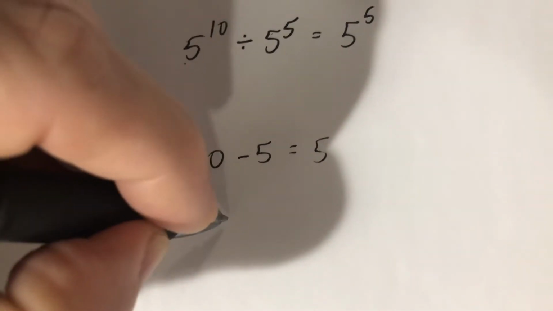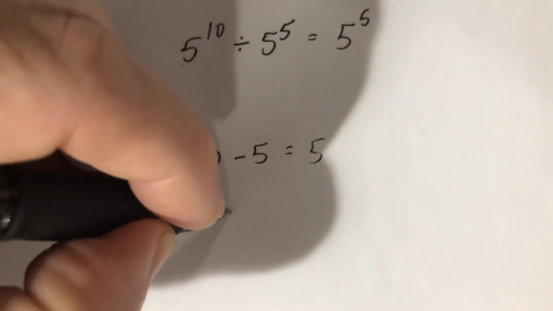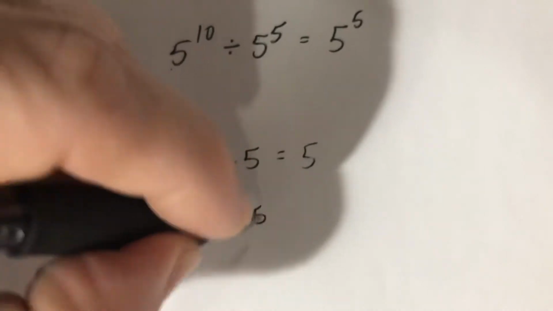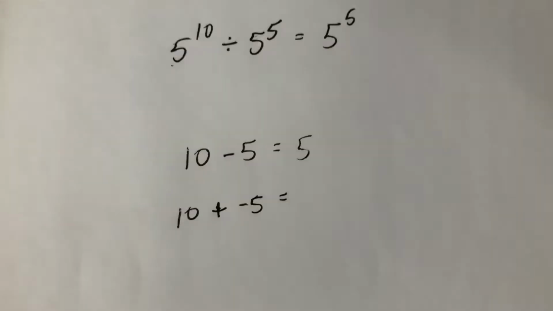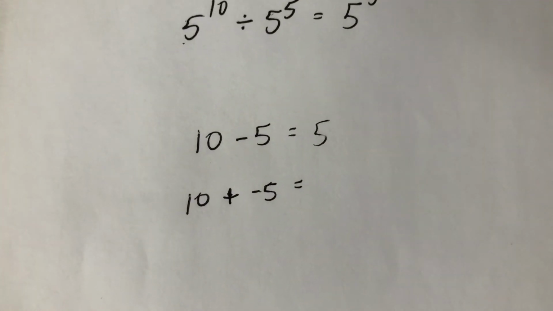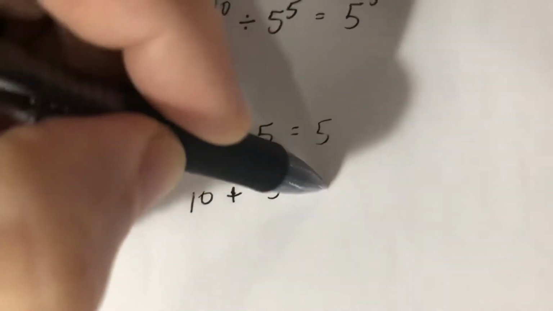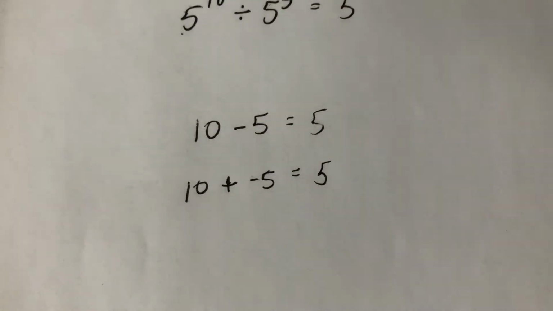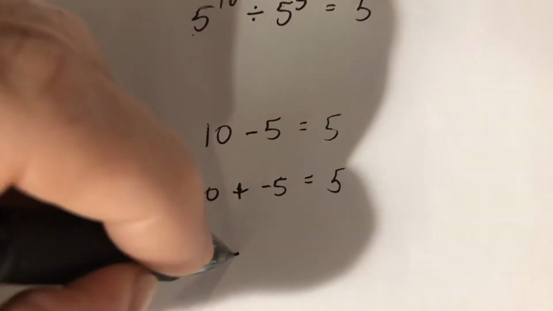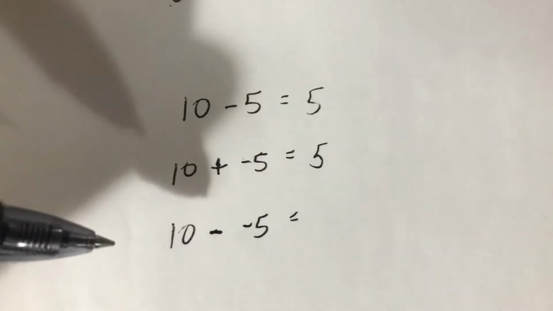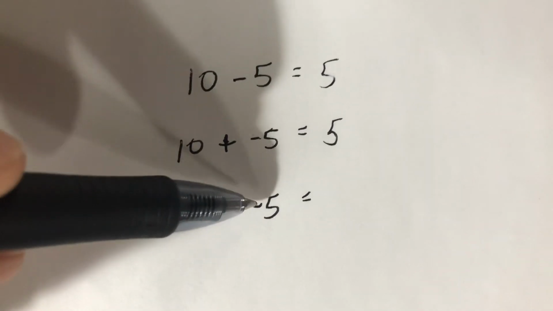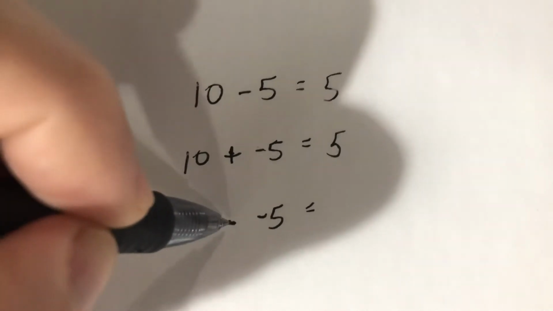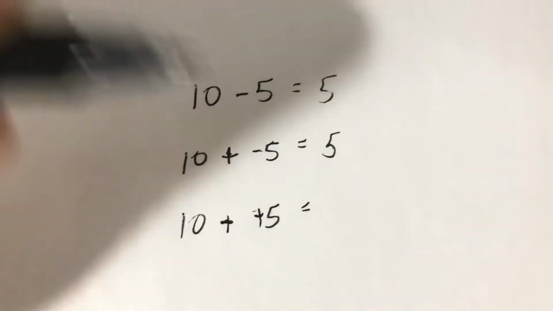But if I take a 10 and I add a negative 5, so 10 plus negative 5, well, that's the same thing as 10 minus 5. But if I do 10 minus a negative 5, that's the same thing as 10 plus. And minus a negative makes them both plus. So 10 plus 5 is 15.